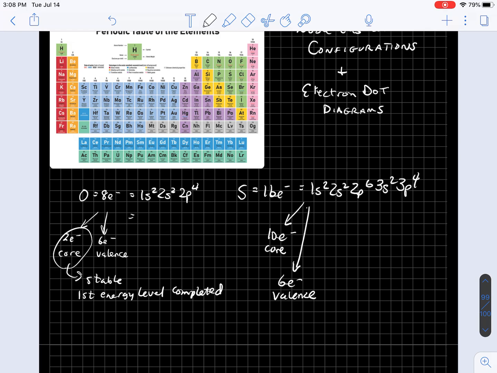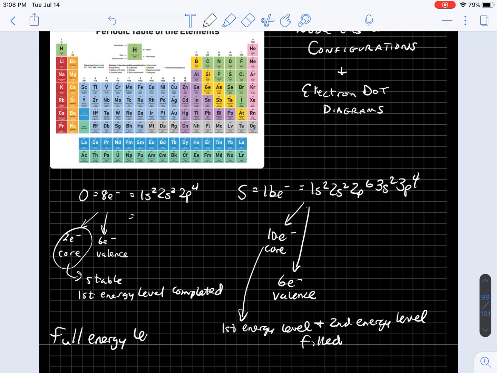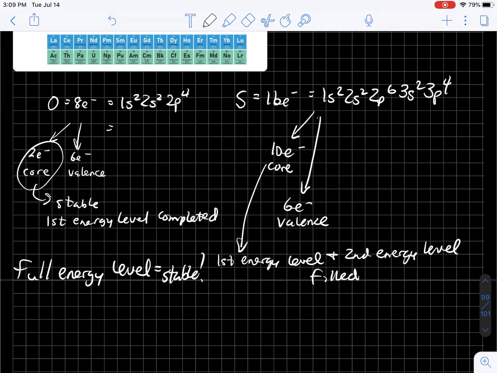And with the 10 electrons, what you've done is you've completed the first energy level and the second energy level. We're going to write first energy level, second energy level filled with electrons. When you have a full energy level, that renders those electrons stable. So I'm going to write that down. Full energy level is stable.